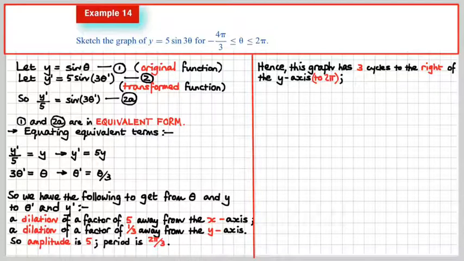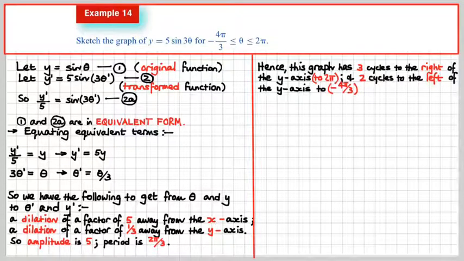Hence, this graph has 3 cycles to the right, because it's 2 pi on 3, that's a third of 2 pi, so it's going to fit 3 cycles into this bit here, and it's going to have 2 cycles here to the left. So that basically shows us what it's going to do.